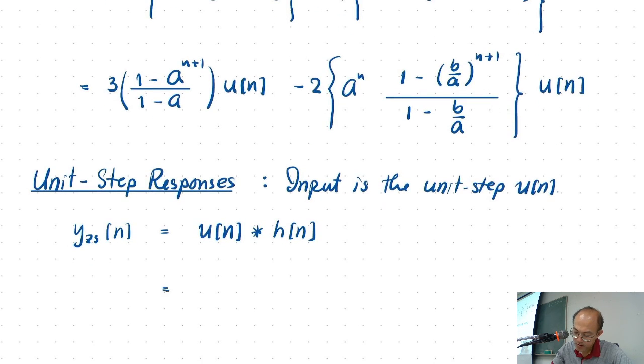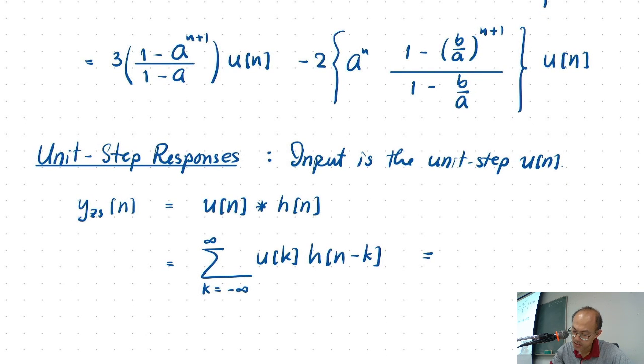Okay, and then you have the summation over k from minus infinity to infinity of u[k] h[n minus k]. And this is just a summation that goes from 0 to infinity. We know this because k has to start from 0, otherwise u would be 0. And then u is 1, so I don't have to worry about u, and then I have h[n minus k].